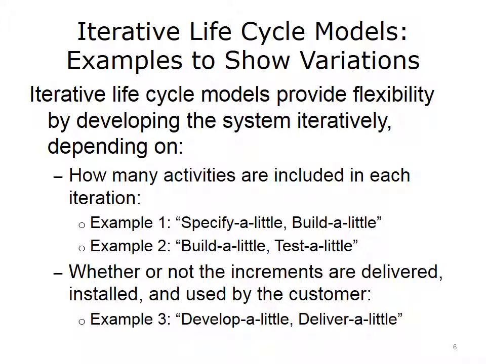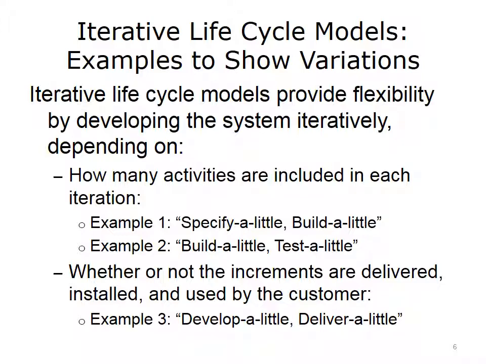As we said, each of these reference lifecycle models represents an entire family of models, so there's a wide range of possibilities when we talk about iterative models. Again, the key idea is that there are several iterations or loops that are involved in the project and the sequence of phases that are used to build the system. Here, we want to show 3 examples of activities in an iterative model, but remember that these are just 3 points along the entire continuum of possibilities related to iterative life cycle models.